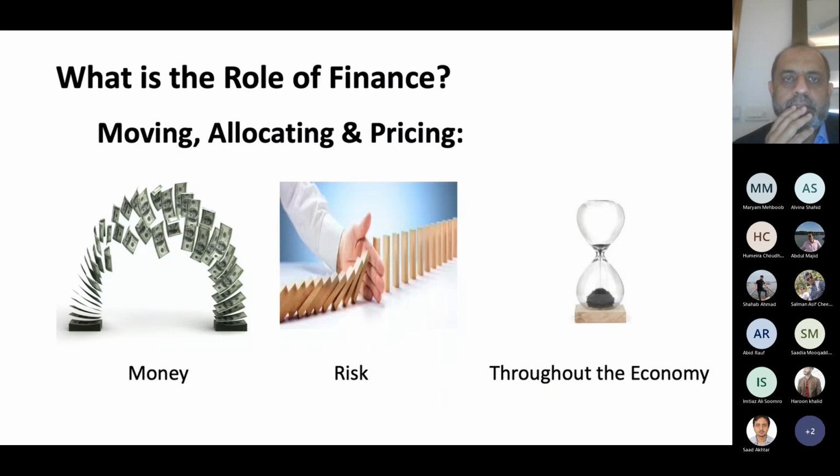This is what finance is all about: you are moving money and allocating risk to the movement, and this is happening throughout the economy. And usually there are these central entities who help you move it, as in an hourglass, and this is where they sit, and they charge you a fee for this movement.